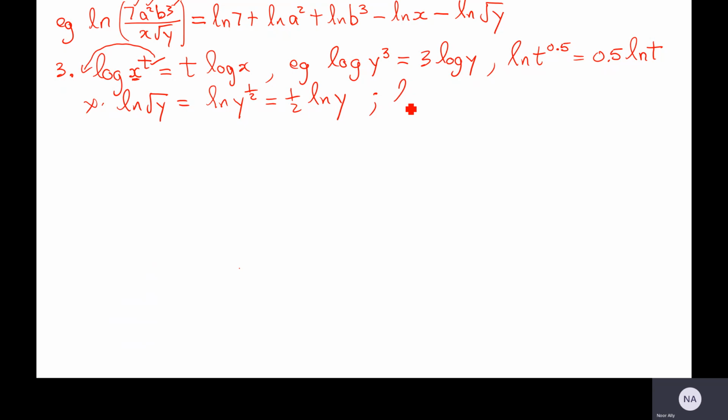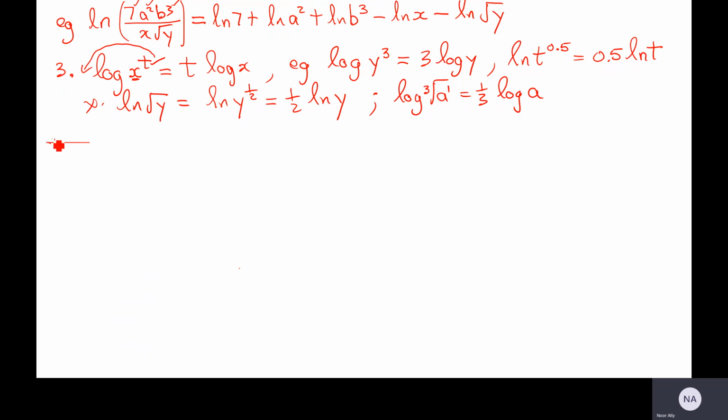So what is the log of the cube root of a? Yes, can we write it immediately? Because that's a to the power 1/3, so 1/3 log of a. So these three laws form the crux and the basis of logarithms. You need to know them thoroughly.